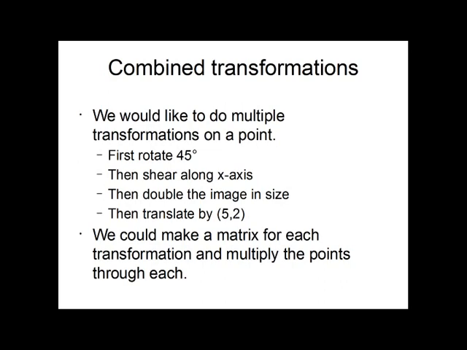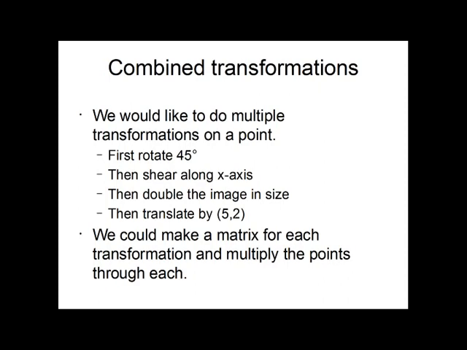So the idea with a transformation matrix is not only to do these single transformations, because they could just as well be done in calculating functions or whatever other way. The idea with a matrix is that we want to be able to do multiple transformations in a single matrix multiplication, or in a single operation.